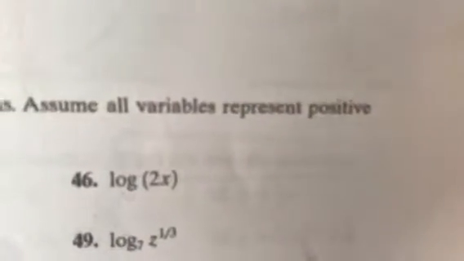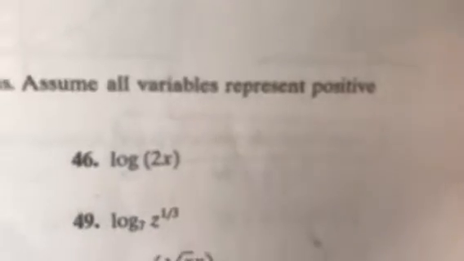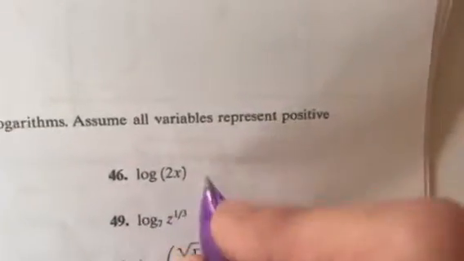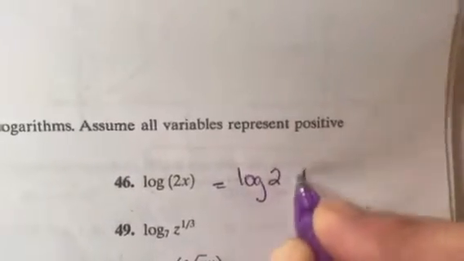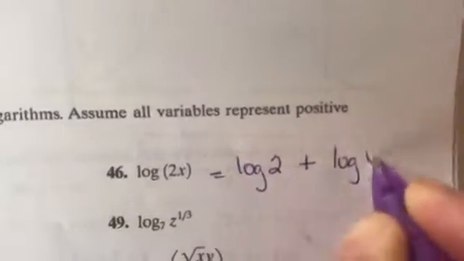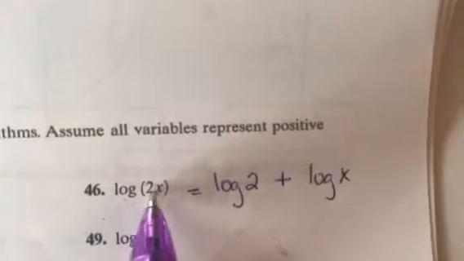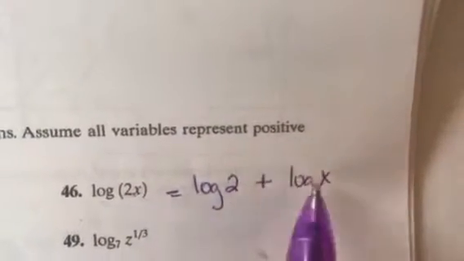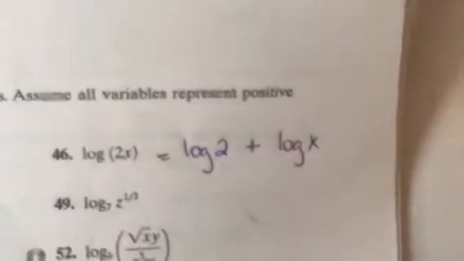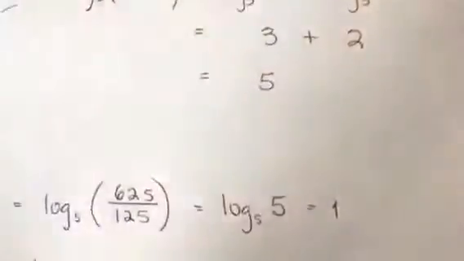So if you don't see the base, do you remember what it is? That's what your calculator likes right there, is base 10. So I could rewrite this as, this is the same thing as log of 2 plus the log of x. So I can split these up. Since you're multiplying, I can split them up into 2 by adding them. Notice I had to write the log twice. So that gives you a little example right there for that one.